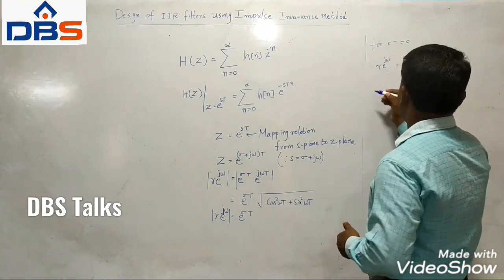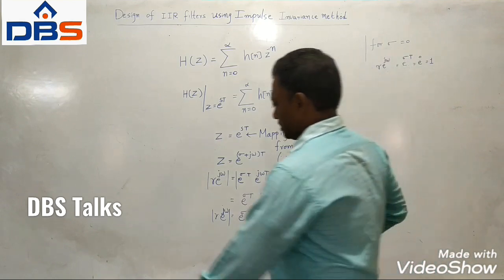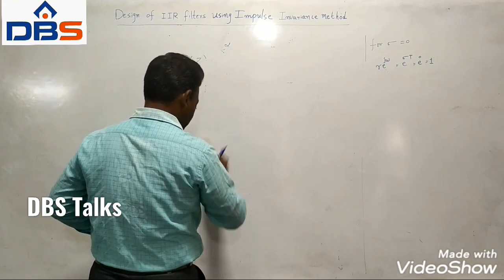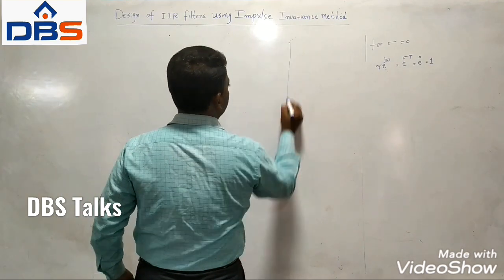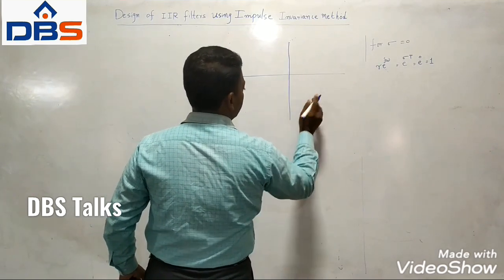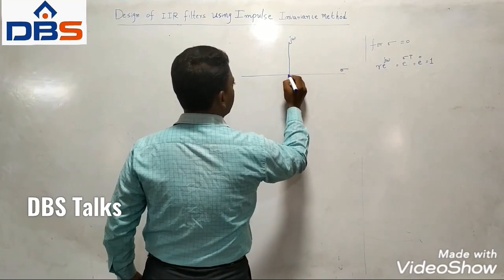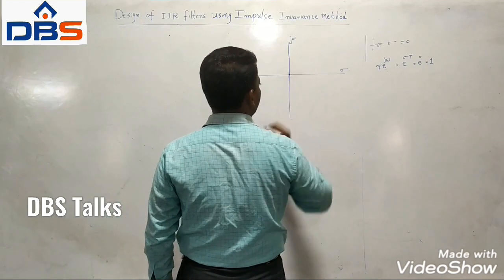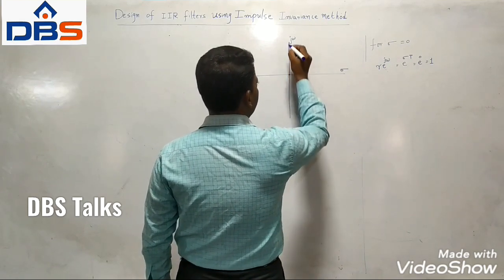Whenever you have a pole, sigma equal to 0 means it is on the j omega axis of the S plane. This is the sigma axis, this is the j omega axis, real and imaginary. If we have a pole on sigma equal to 0, j omega can be anything.